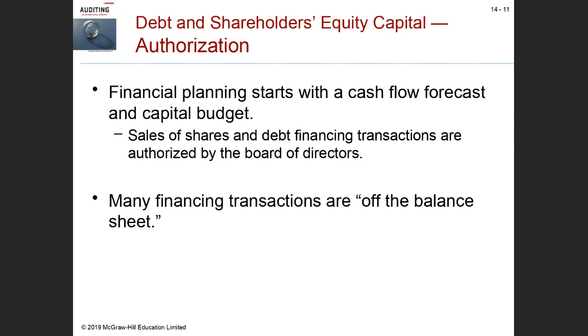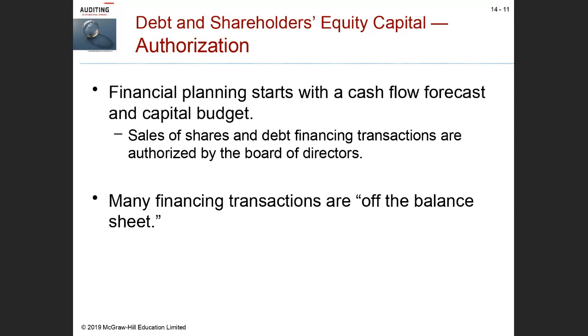Okay, so let's talk a bit about the application of control over the finance and investment cycle. Again, keep in mind the type of control we're going to be talking about here are essentially controls at the highest level, right? Because if transactions are being conducted by the senior officers, that's where we would expect to see the control in place, right?